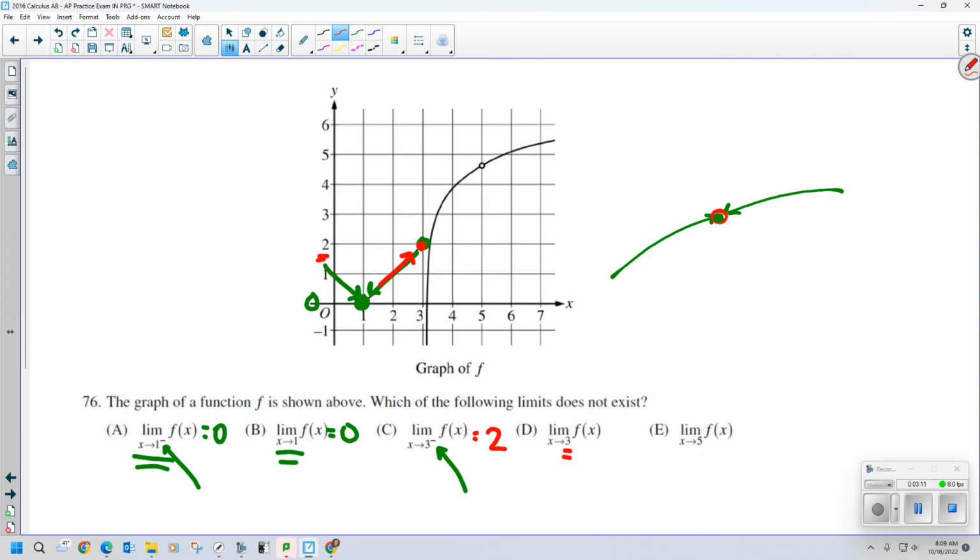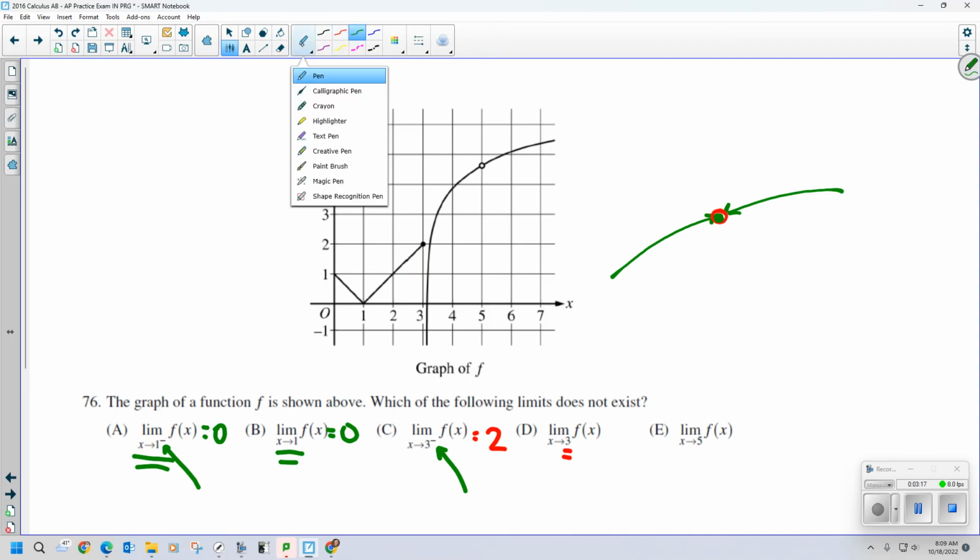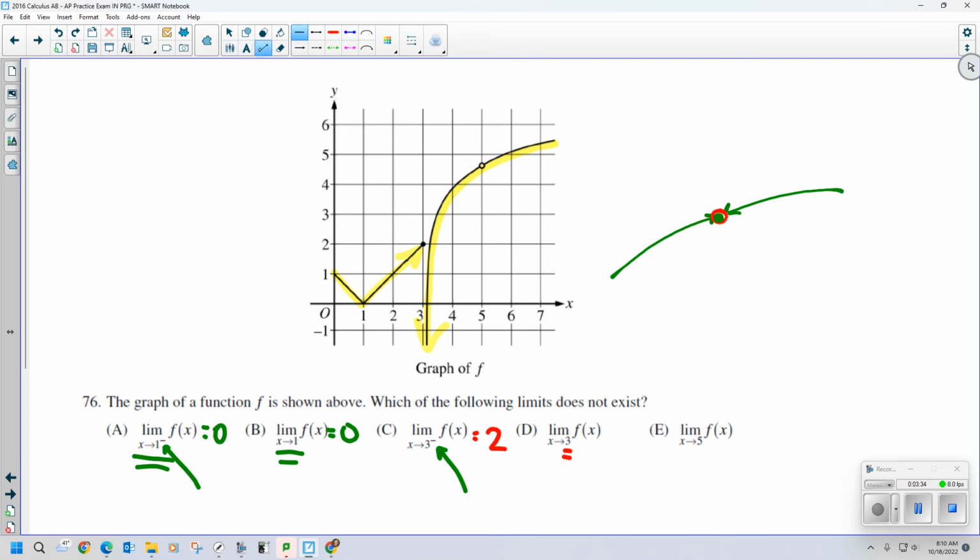All right. Let's follow 3 from both sides. Okay. And I will see if the highlighter will follow this. Boom. Yellow. As I approach 3 from this way, right there. As I approach 3 from the right side, oh, it goes down forever. Okay, remember, dash lines. This is the line of where x equals 3.